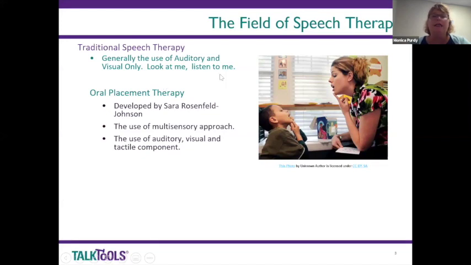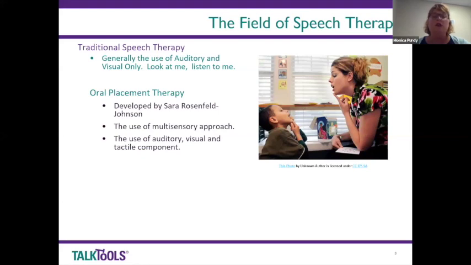This is an approach that was developed back in 1992, and it uses tactile kinesthetic feedback, meaning that not only are we saying to a client, look at me, listen to me, do what I do, but we're also giving them the feel of speech. We say, okay, put your lips together.